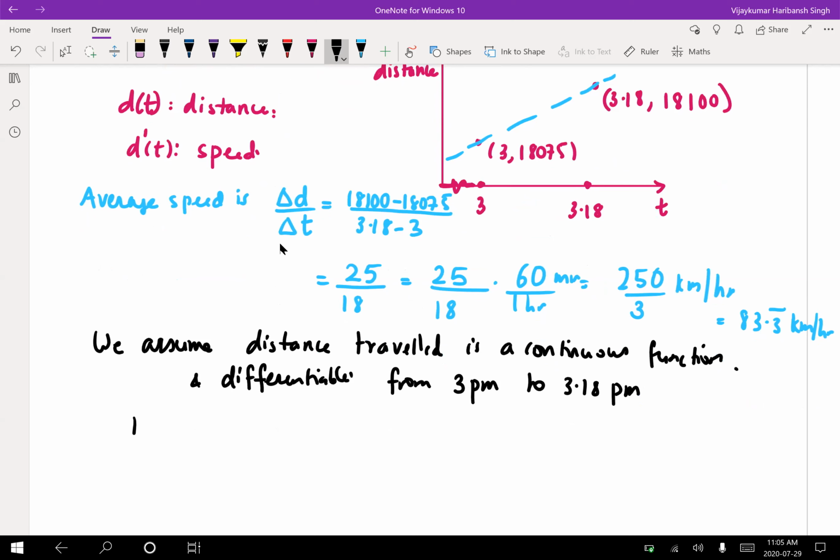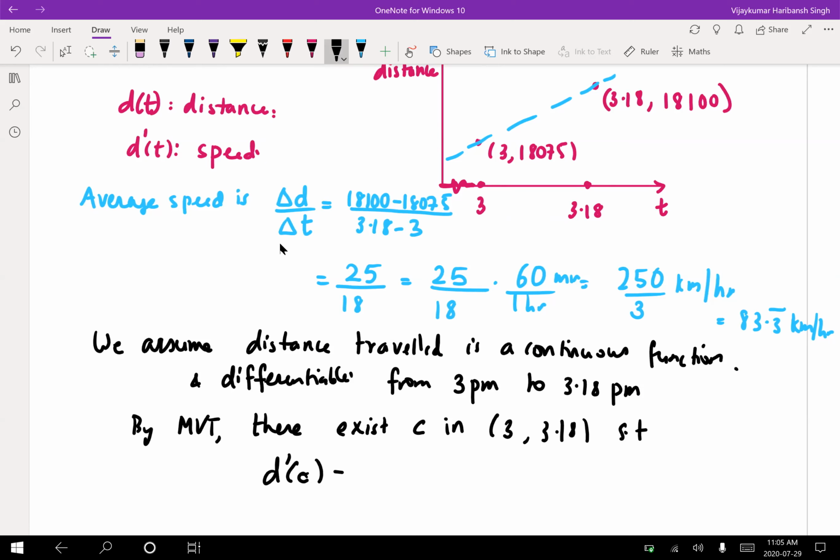By mean value theorem, there exists a point C in 3 to 3:18 such that d prime C was what?